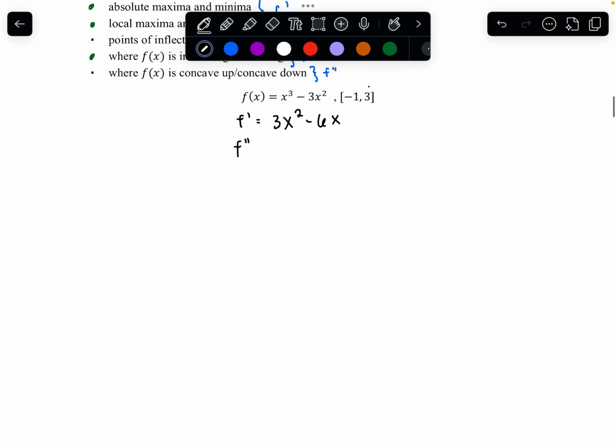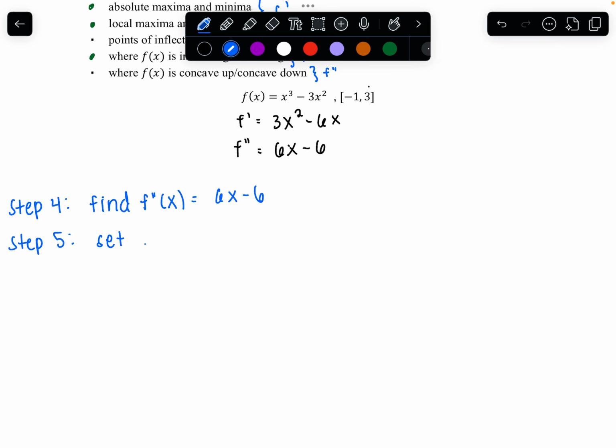That means our second derivative, let's call this step 4. Find second derivative. Well, that's going to be 6x minus 6. Step 5, if we're keeping score, is set the second derivative equal to 0, because this is going to find our inflection points.